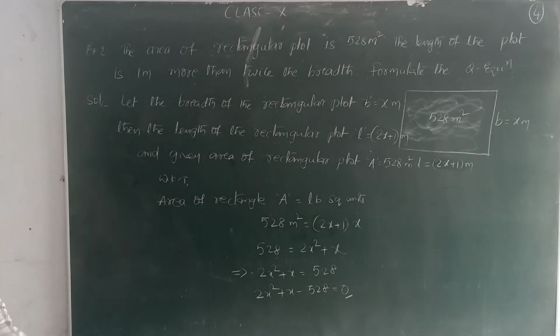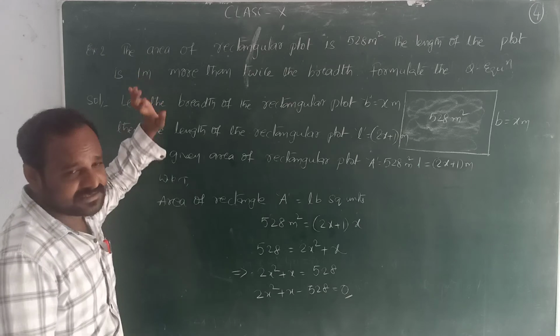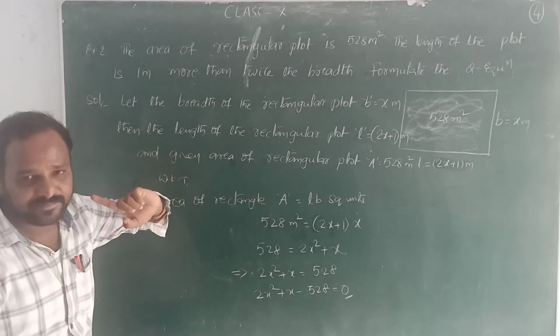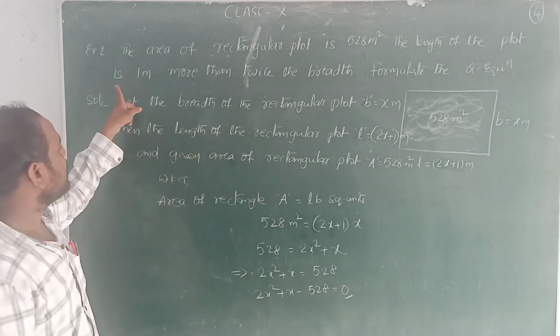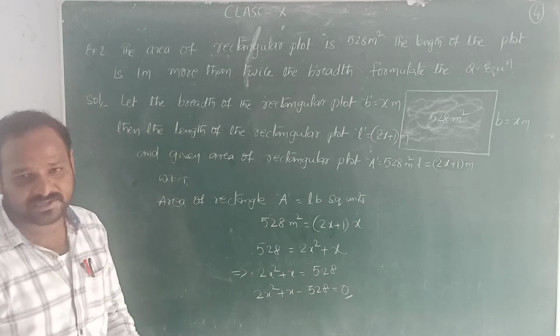Did you understand? Once again, listen carefully. What is the problem given? The area of rectangular plot is 528 meters square. The length of the plot is 1 meter more than twice the breadth. Formulate the quadratic equation.